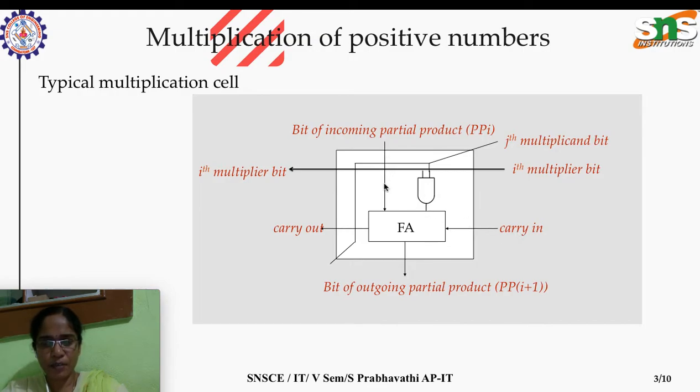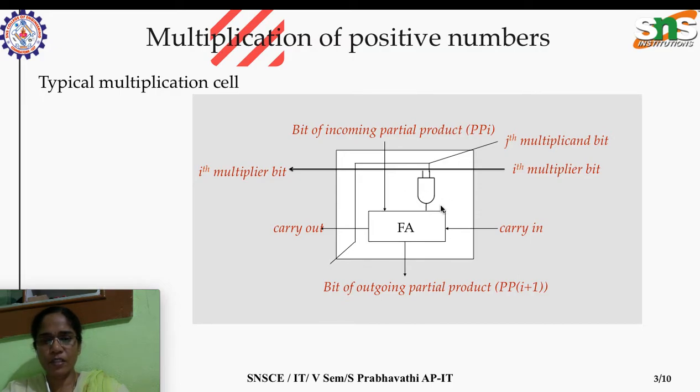And see here, there is one more input to the full adder. What's that? The bits of the incoming partial product, since we are doing multiplication, not addition. In addition we have seen the full adder takes three inputs, two inputs and one carry in, is it not? So in the full adder implementation for multiplication, how many inputs does it take? 1, 2, 3, of course 3.